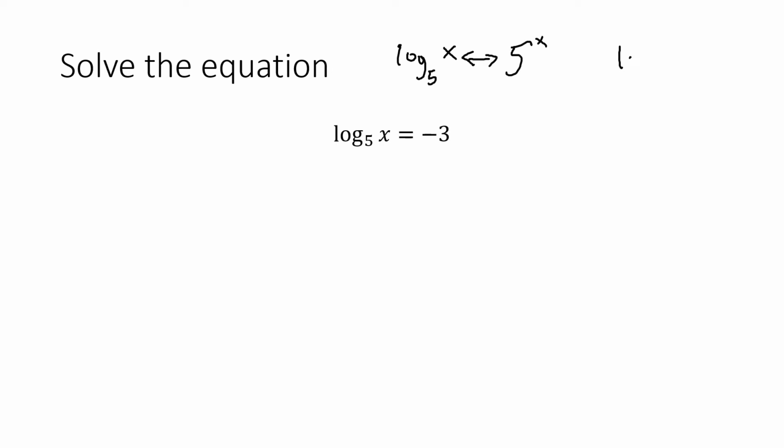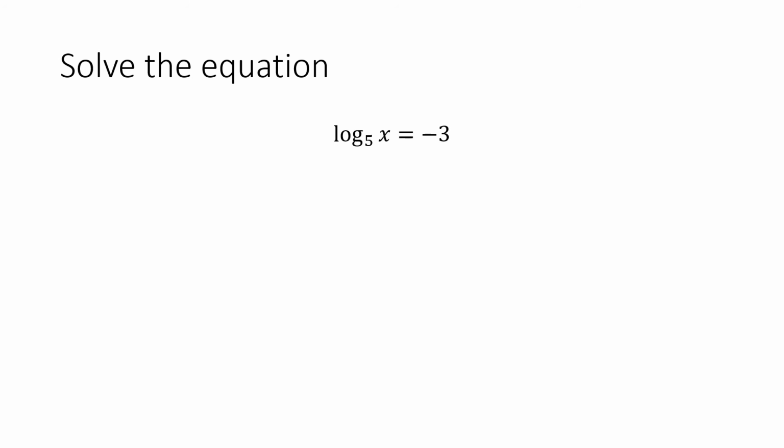As an example, log base 5 of 5 to the x would simply leave us with x. Or if we combine it the other way, 5 to the log base 5 of x, these would cancel each other out and just leave x. So we're going to use that to our advantage.